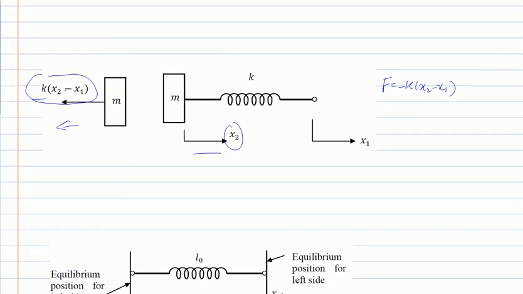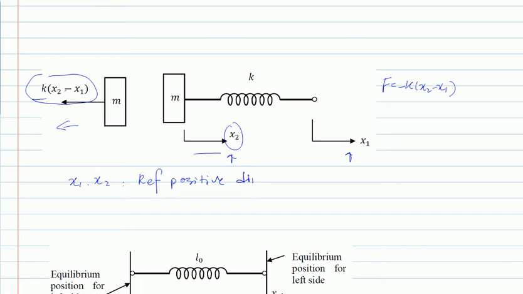And I just want to mention another thing regarding the direction of x1 and x2 that we labeled here. The direction of x1 and x2 is what we call the reference positive direction.